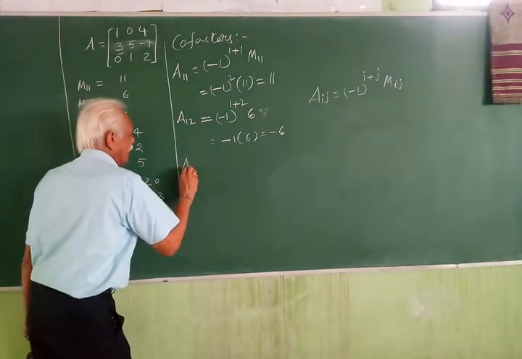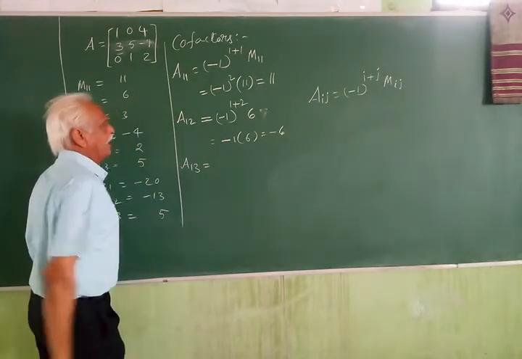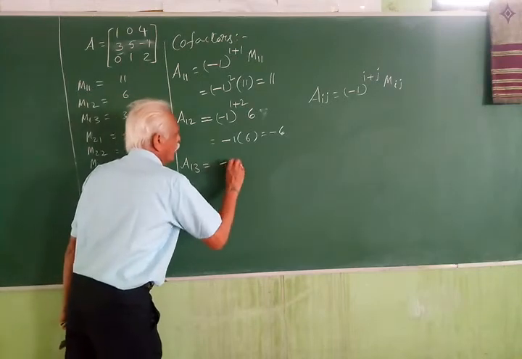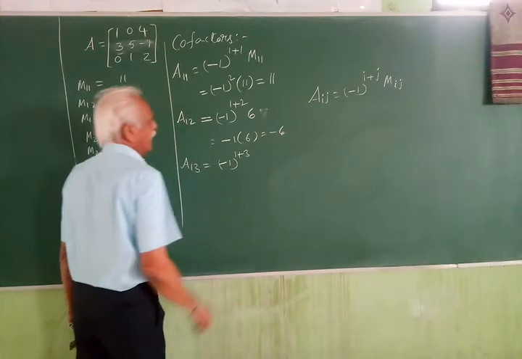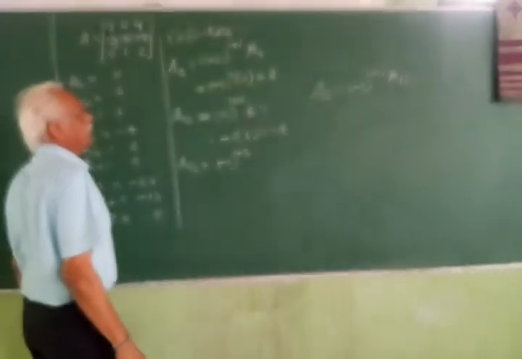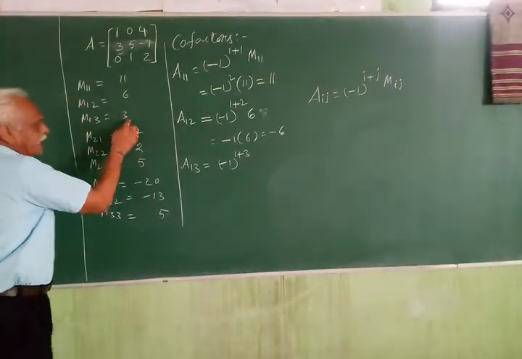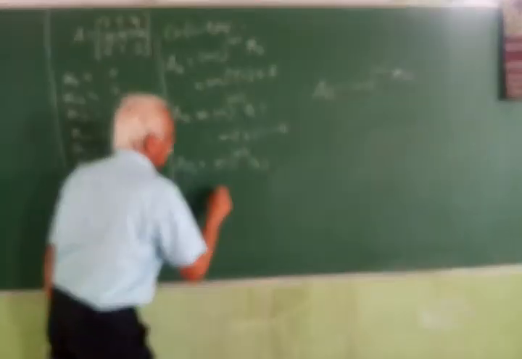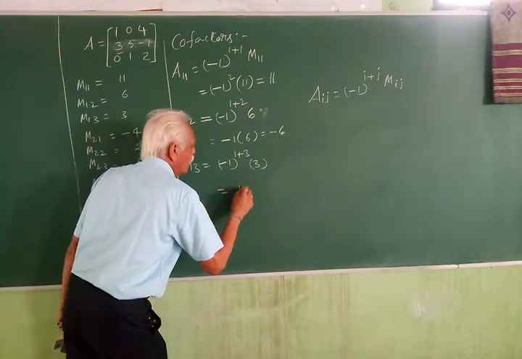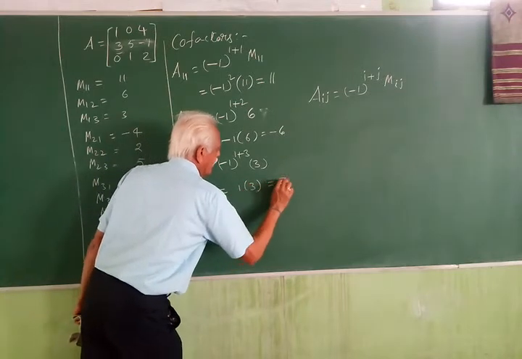Then A13 is equal to minus 1 power of 1 plus 3 into M13. What is M13? 3. So minus 1 whole power 4 is plus 1 into 3 is equal to 3.